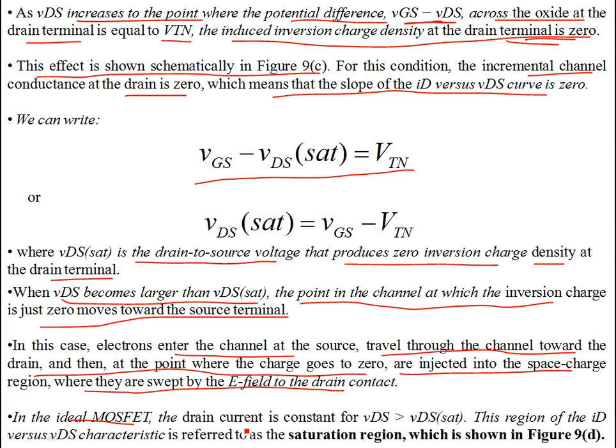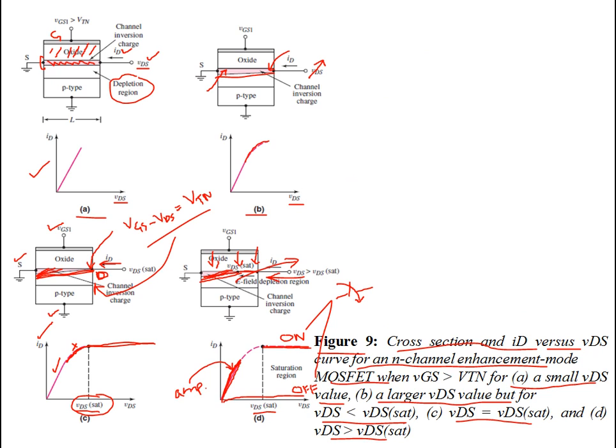In the ideal MOSFET, the drain current is constant for VDS beyond VDS saturation. This region of the ID versus VDS characteristic is known as the saturation region, shown in 9D. This is the saturation region we are talking about.